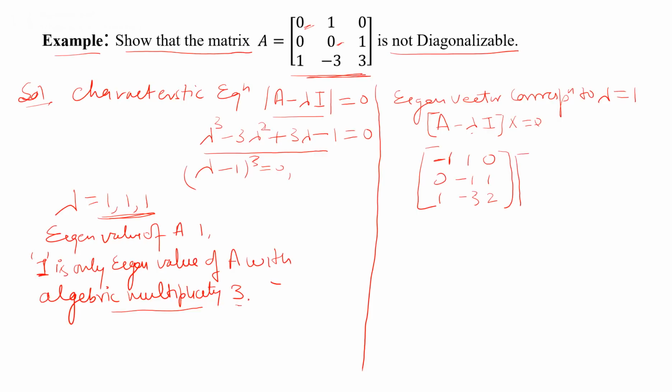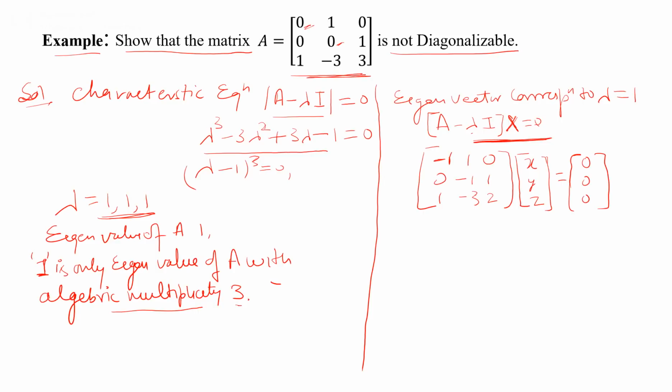The vector, suppose x, y, z, that is the eigenvector, is equal to 0, 0, 0. Now this is a homogeneous system, as you remember. So we solve that system.